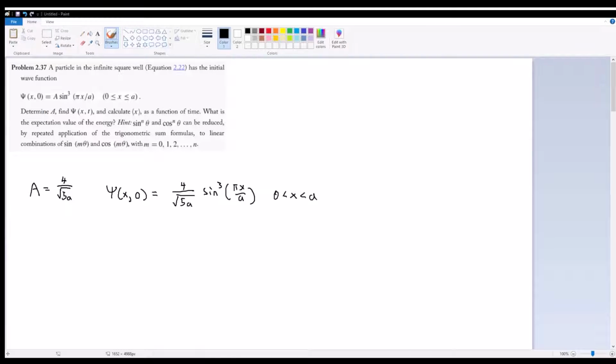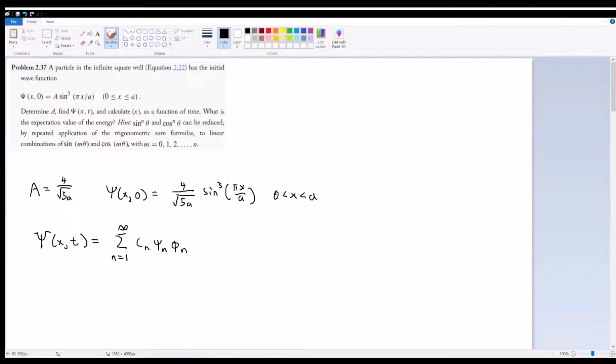Okay, now that we have a and we have the general form of psi of x comma 0, we can go on and try to find psi of x comma t via Fourier's trick, as we've done so many times before. So we're going to impose the standard condition, which is that any psi of x comma t can be expressed as an infinite summation, n equals 1 to infinity, of cn psi n phi n, for a given infinite square well function.